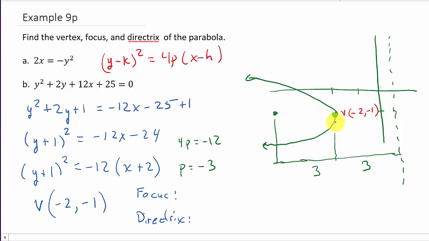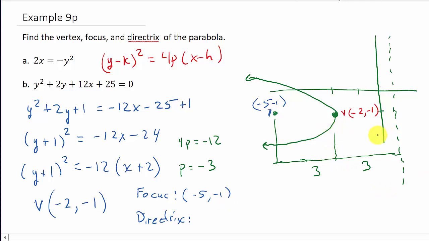So this point is going to stay at negative 1, right? Because we're not moving up or down, but we're going 3 units this way. So that would be negative 5. So there's our focus, (-5, -1).